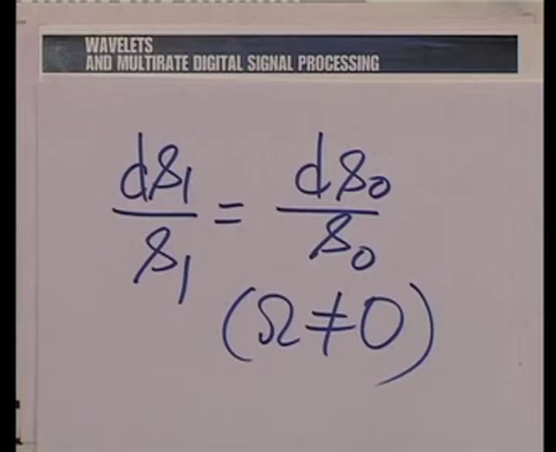The only catch is that when omega is positive, the limits are 0 to plus infinity. When omega is negative, the limits are 0 to minus infinity. And if we take care of that little detail, we have done away with the dependence on omega.